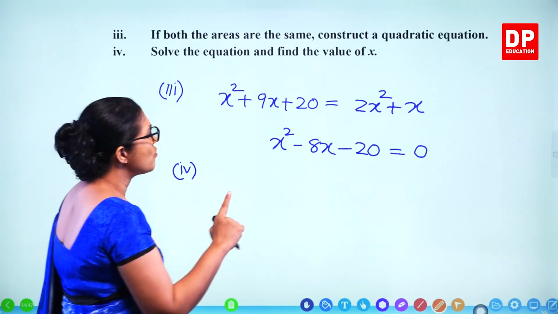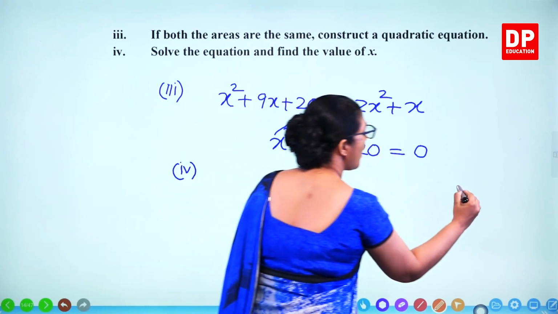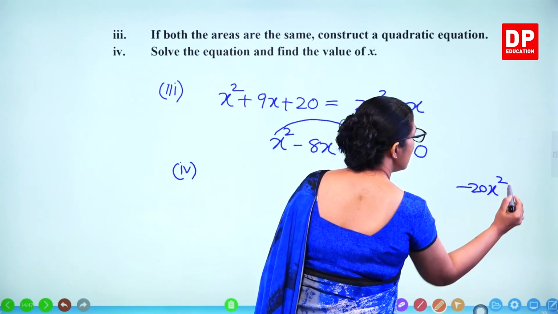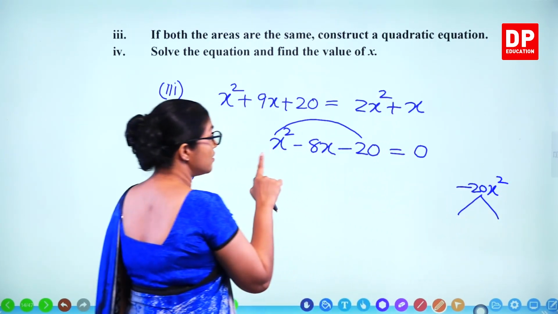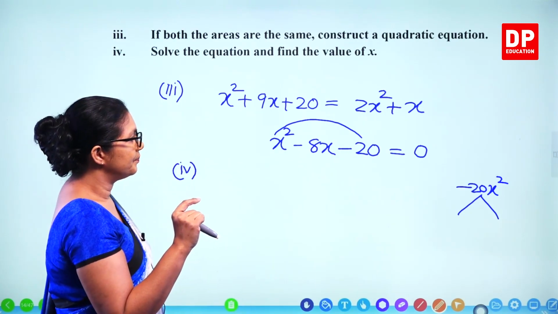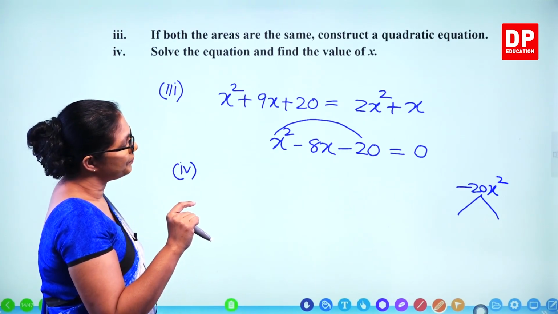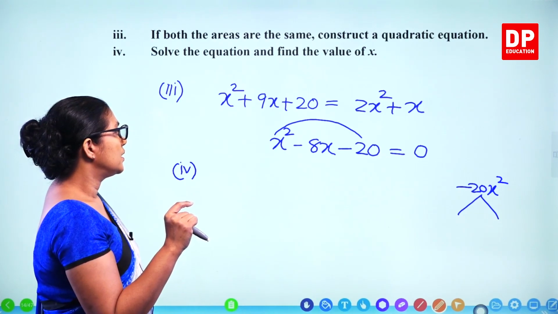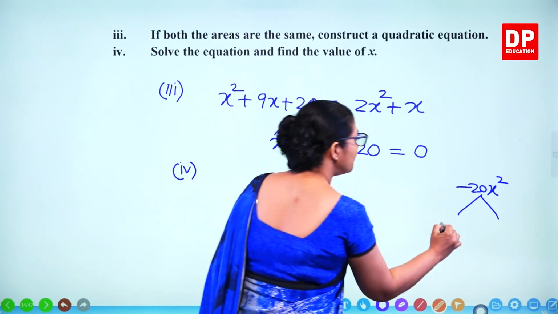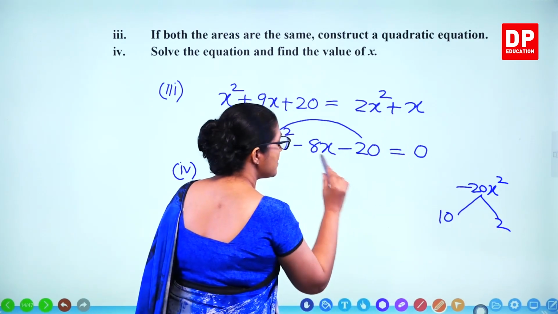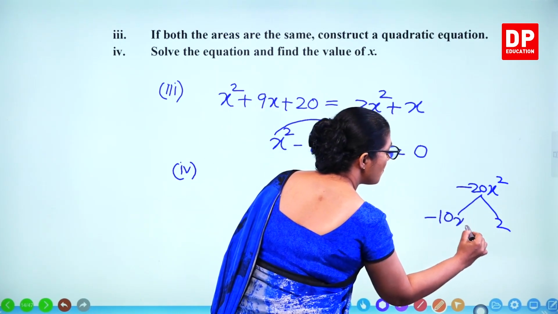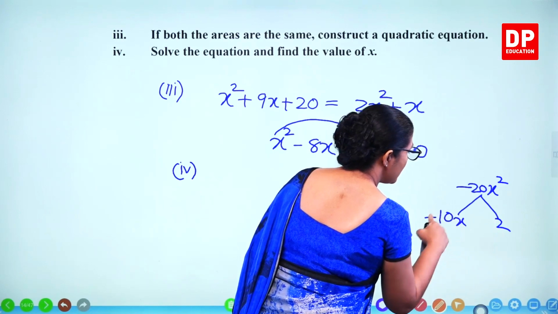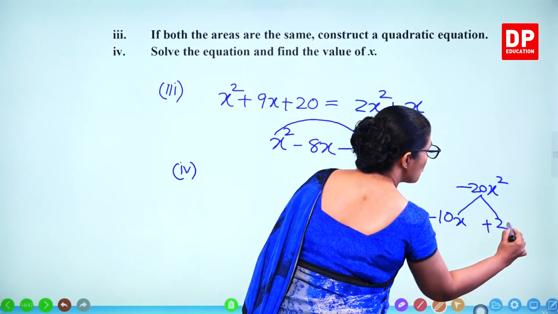What are the factors of minus 20x squared whose difference is minus 8? What are the factors? 10 and 2. The middle term is negative, so minus 10x and plus 2x.